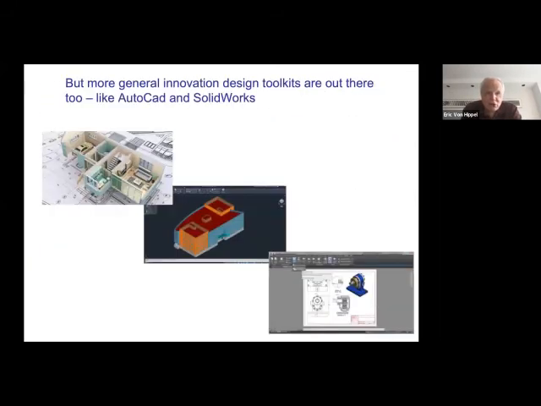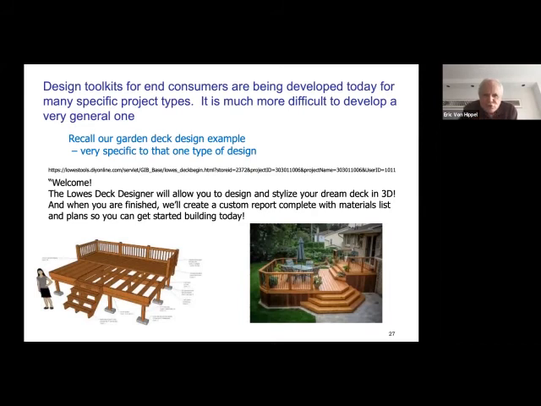Okay, so now, more general innovation design tools are out there, like AutoCAD and SolidWorks, but really each of these kinds of toolkits today tend to have to be designed specific to a given product type.